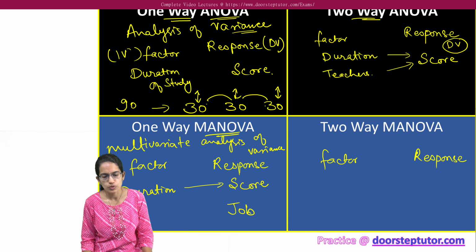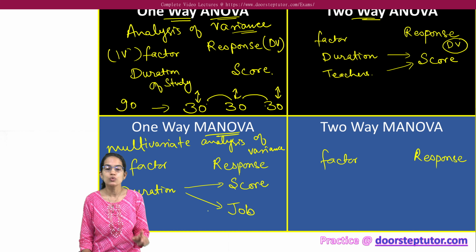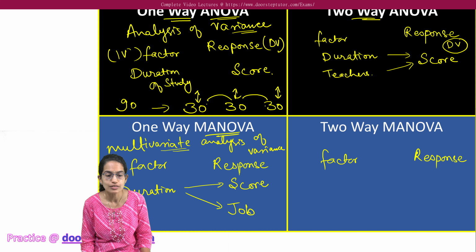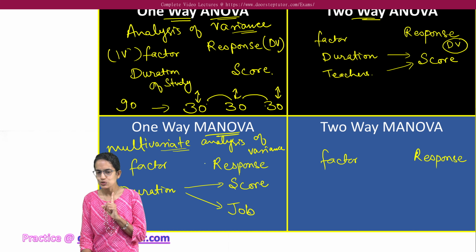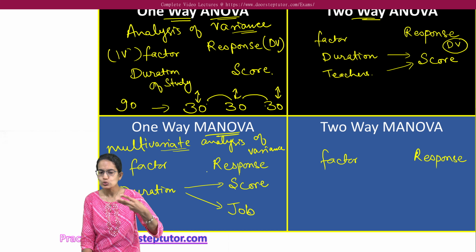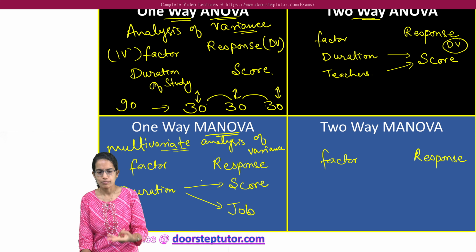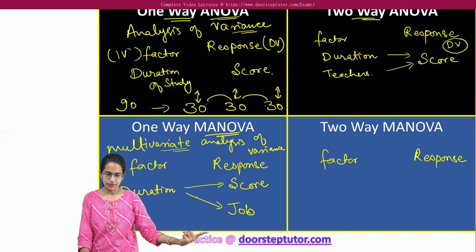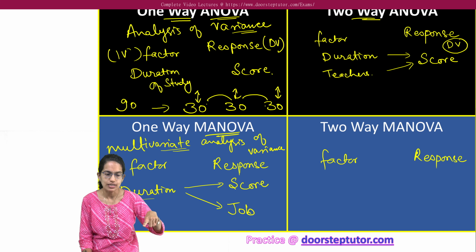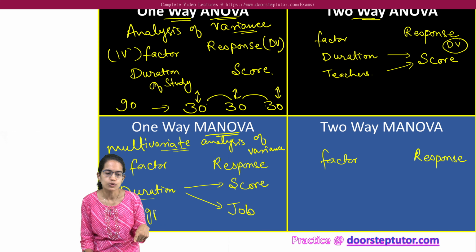So with this duration, I am trying to study two responses and therefore it is called multivariate. It's not just one. I am studying two dependent variables dependent on one independent factor, but this one independent factor would again be in 3+ groups.